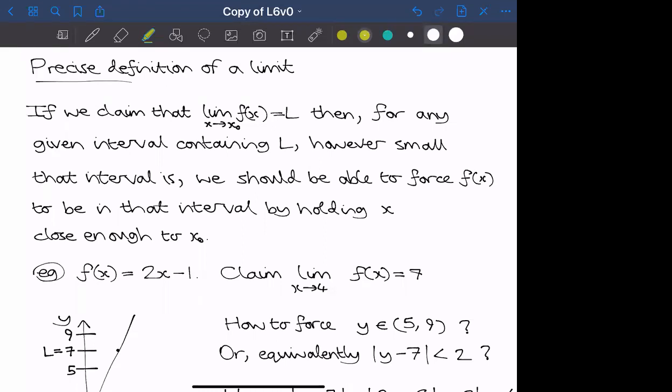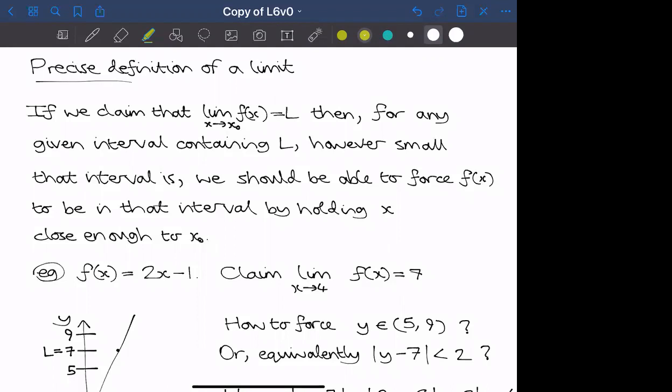For an interval containing L, so you can think of L in some position on the vertical axis and some interval on the axis containing L. Now the idea is, however small that interval gets, we should be able to force f(x) into that interval if x is close enough to x0.